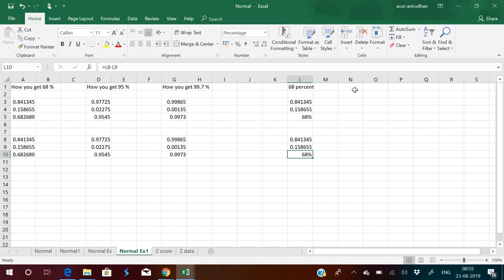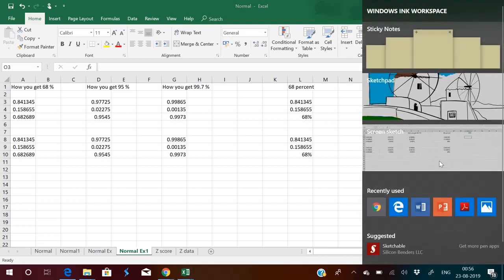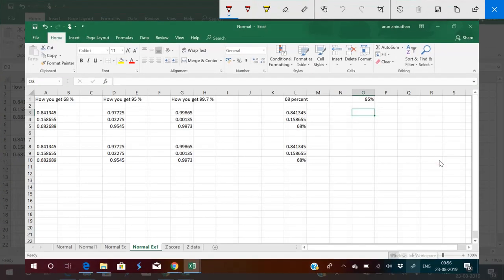Okay, so let us see. 99.7%, you do what I have done here. So I just try 95%. Equal to. So what is 95%? 95% means I'll draw that graph for you. Normal distribution, so 2 standard deviation.